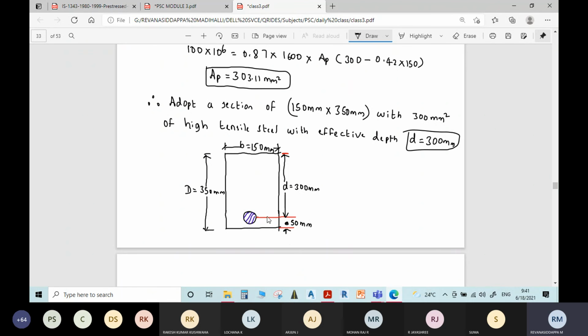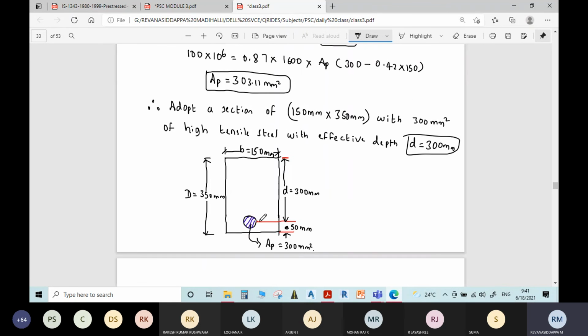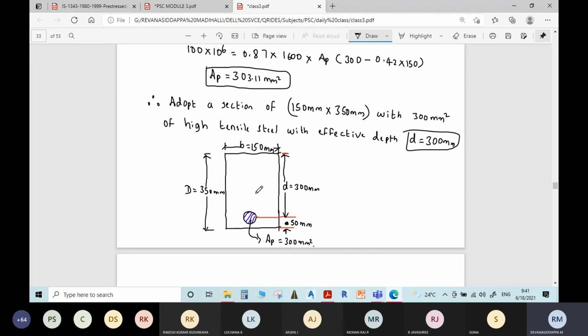So here you write area of pre-stressing steel, AP required is 300 mm square. Finally, after choosing the structural dimensions and after finding the area of pre-stressing steel required, you need to write a diagram like this.